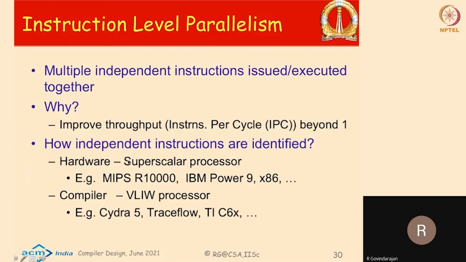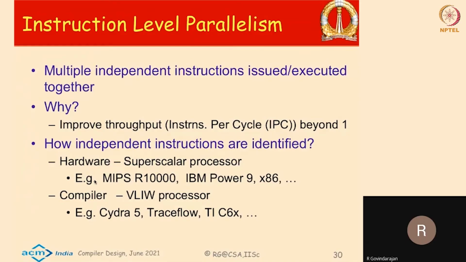The compiler can assist by doing some rearrangement, but essentially the hardware does the identification of independent instructions and executes them in parallel, which is what happens in a superscalar processor. Again, the role of the compiler is to make sure that this reordering, done either by the hardware or by the compiler, satisfies all the dependencies, but at the same time exposes the instruction level parallelism to the architecture.